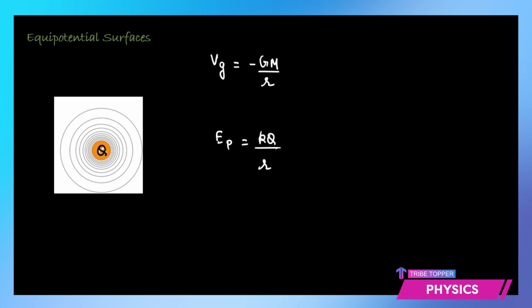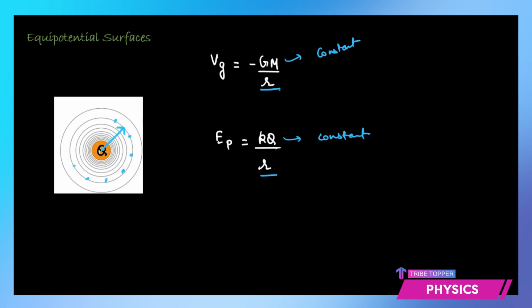Since we see that G and m are constant for a particular place, and similarly k and q are constant for a specific charge, the Vg is dependent on R and Ep is also dependent on R. So that means from this source charge or mass, there is one sphere, or a two-dimensional representation as a circle, around that charge or mass which will have all points at the same distance from the center.